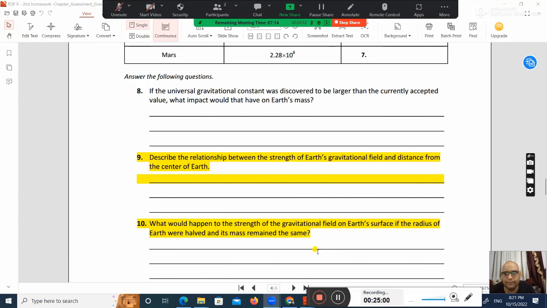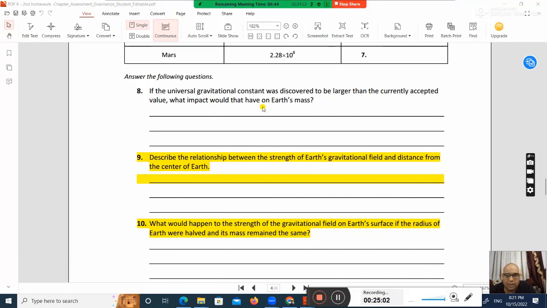Okay, guys, sorry, I missed this question. If the universal gravitational constant was discovered to be larger than the currently accepted value, what impact would that have on Earth's mass?